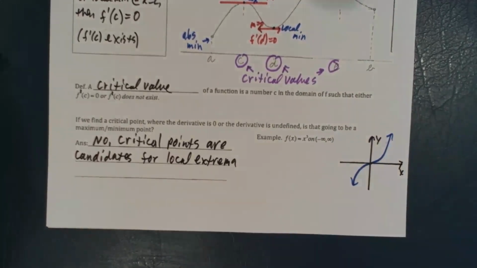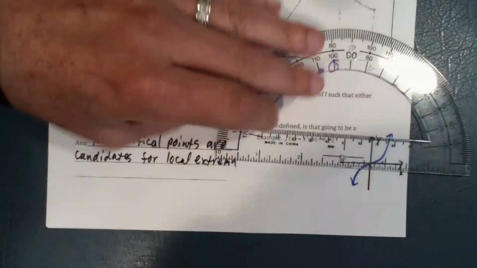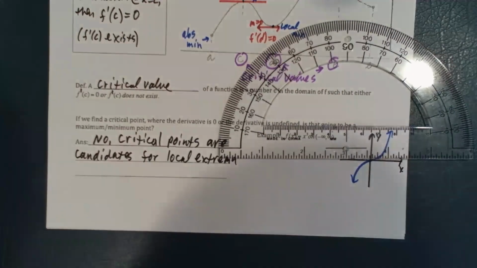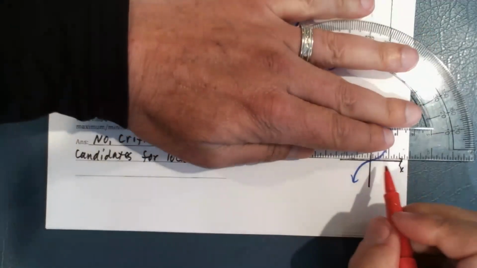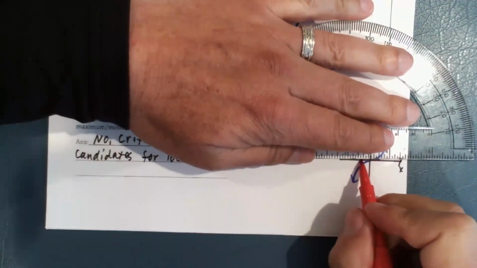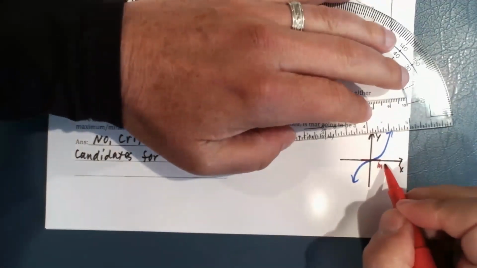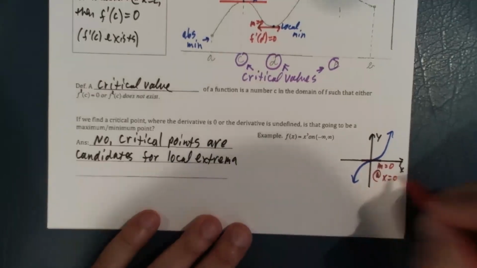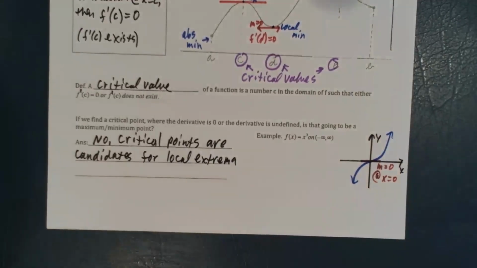And you can see we have a slope of 0 right here at 0. So we have this slope here is m equals 0, specifically at x equals 0 in this particular case.